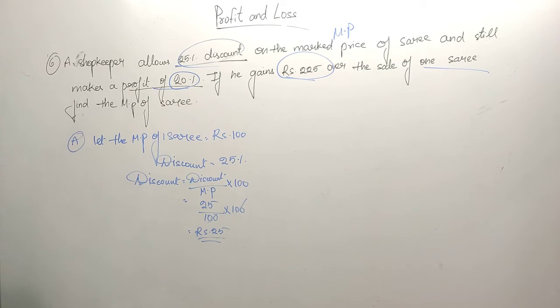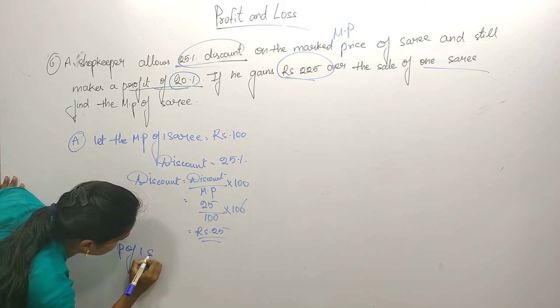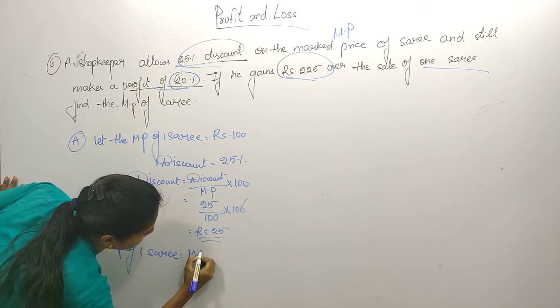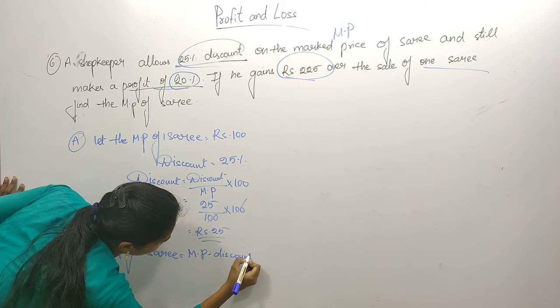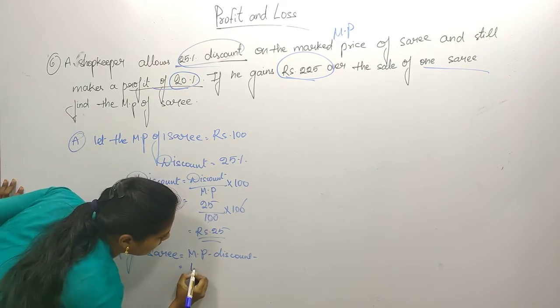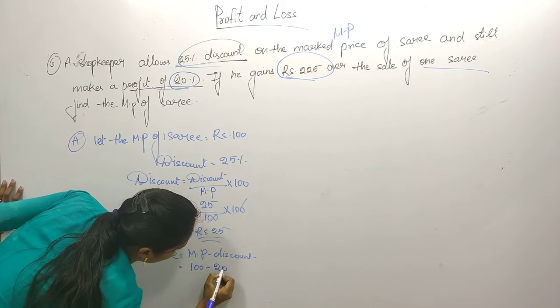Now, to find the selling price of one saree. Selling price of one saree is equal to how much? Market price minus discount. Market price, how much did we take here? 100 minus discount, how much did we get? 25.